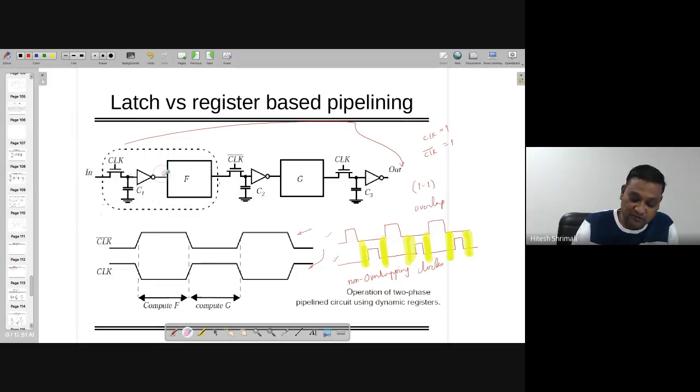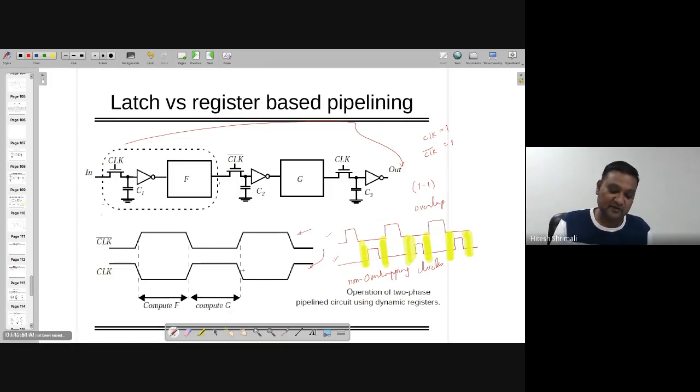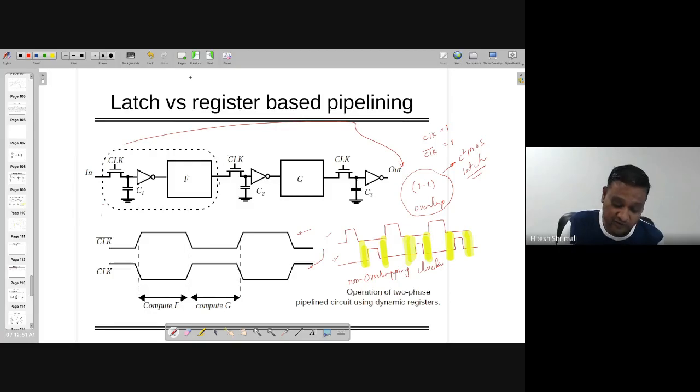But I am not talking about all these things. If you are not interested in all those schemes and you want to take the situation when all the clocks are having the 1-1 overlap, then in the worst case you can use the C-square MOS latch. By the way, there is one more word which I already told you, but let's repeat it because sometimes people have doubt.